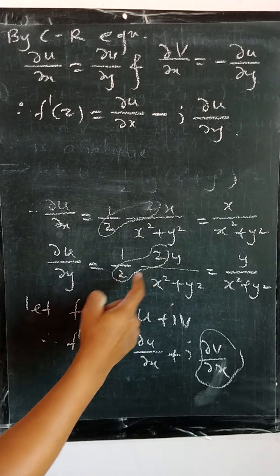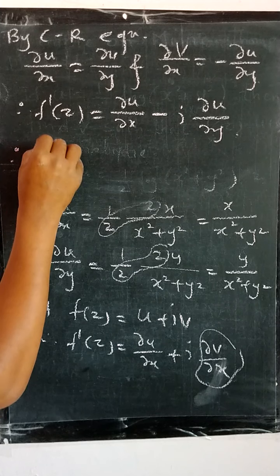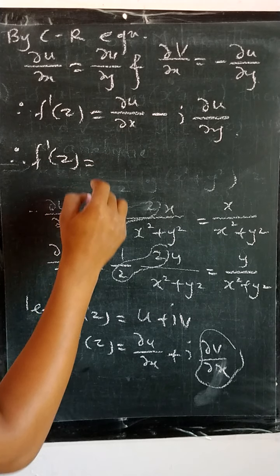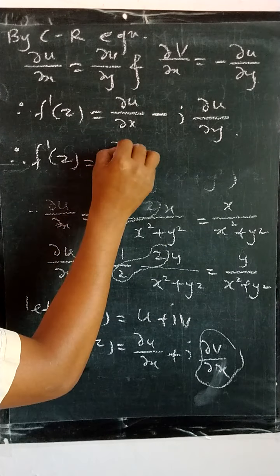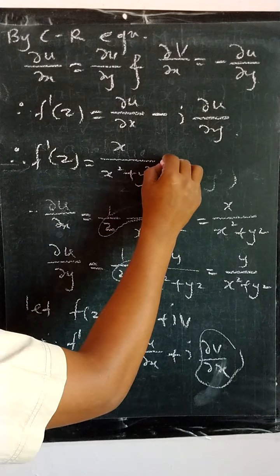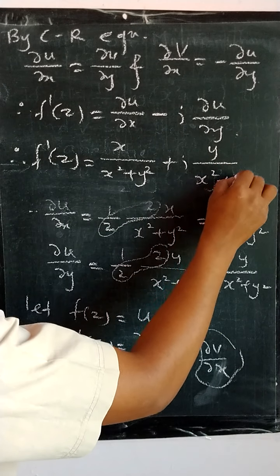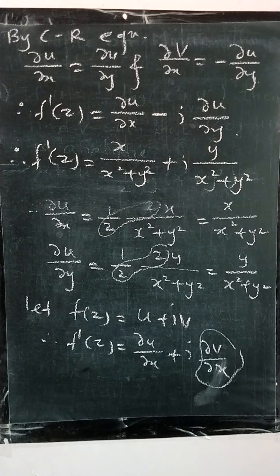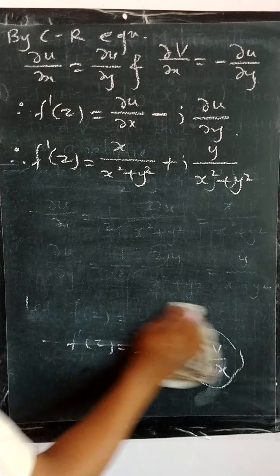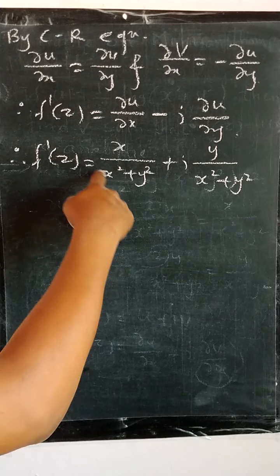So let us substitute these two values of the derivatives we are having. Therefore f dash of z will be equal to x upon x square plus y square plus I times y upon x square plus y square. So here we have f dash of z in terms of x and y only.